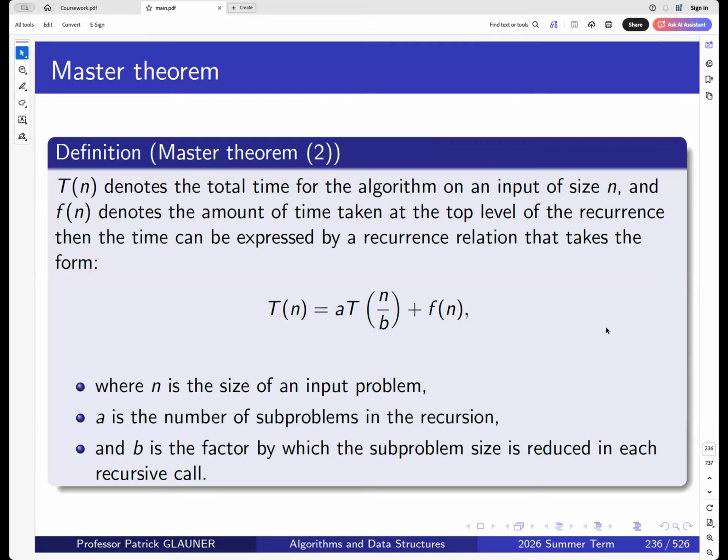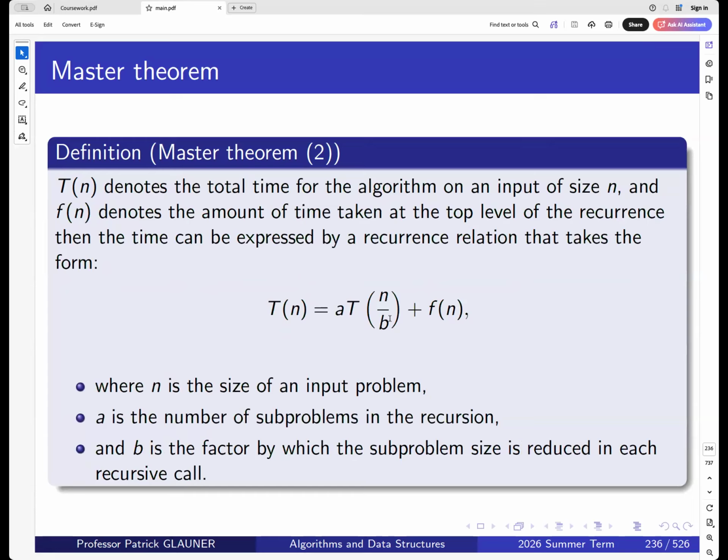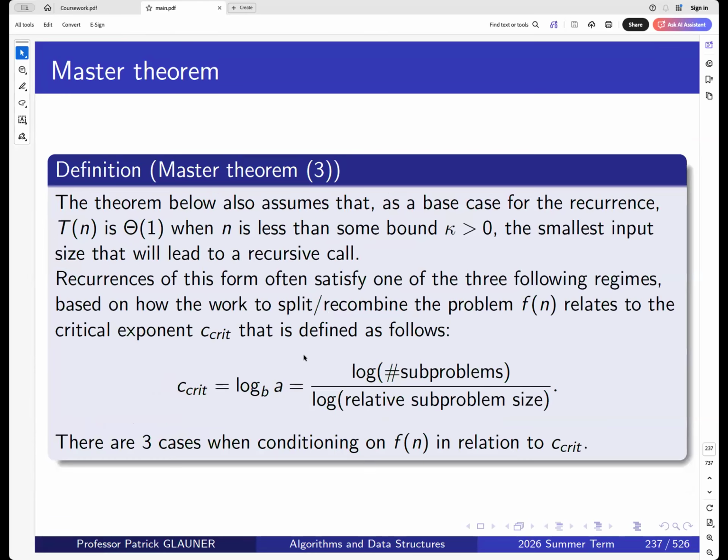We need to figure out how that work relates to each other. This is determined by the critical exponent, c critical, which is log base b of a. Remember that n gets divided by b, and the number of subproblems is a. So the logarithm base b of a is the critical exponent.